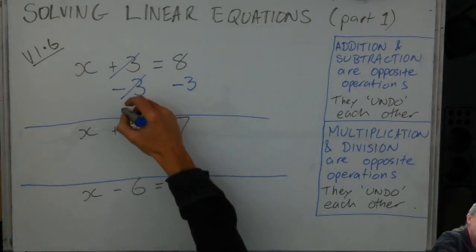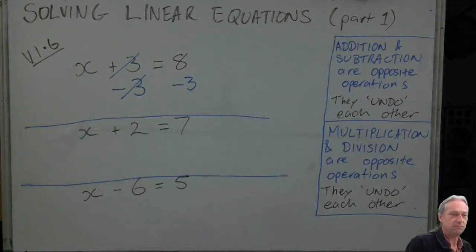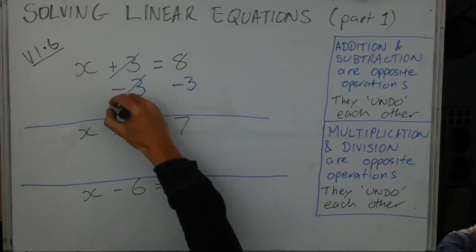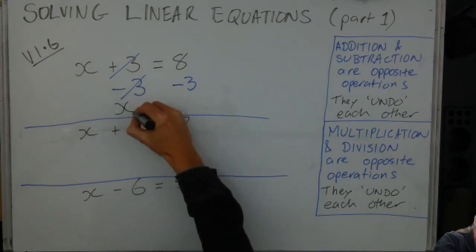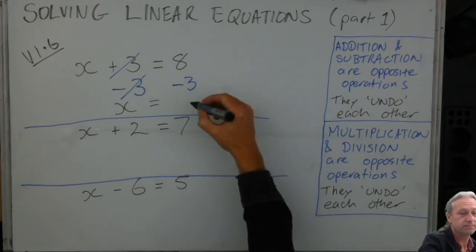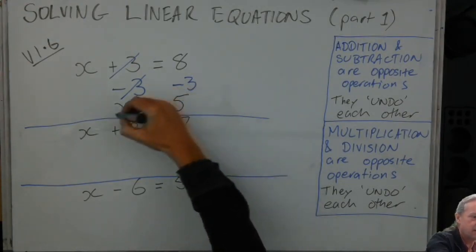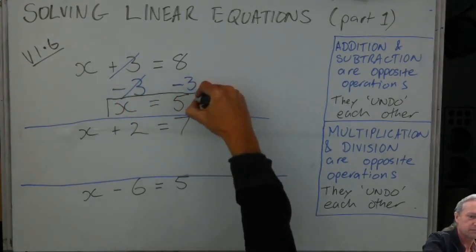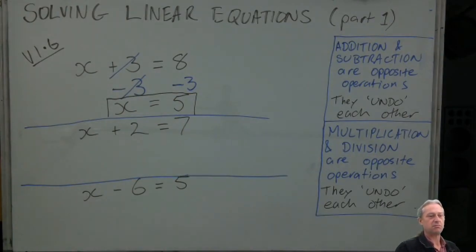And we end up with just x on the left hand side, and then 8 take away 3 is 5. That is our solution to this equation.